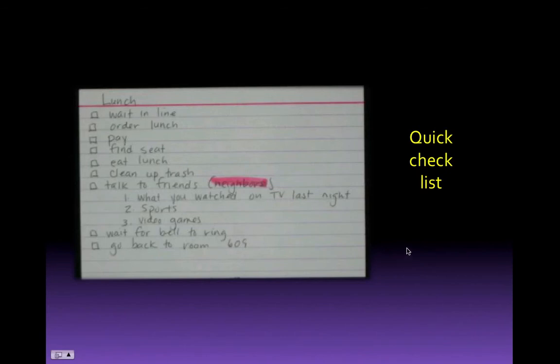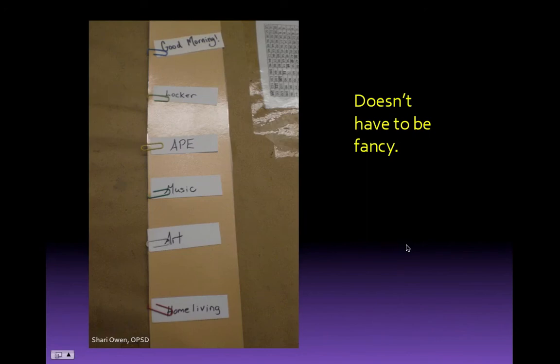And having a card like this in a notebook or in a pocket, a person can check and look it over several times before actually going to lunch, which will also aid in preparing them for that situation. Visual schedules and routines don't have to be fancy. They can almost be done on the fly if necessary.